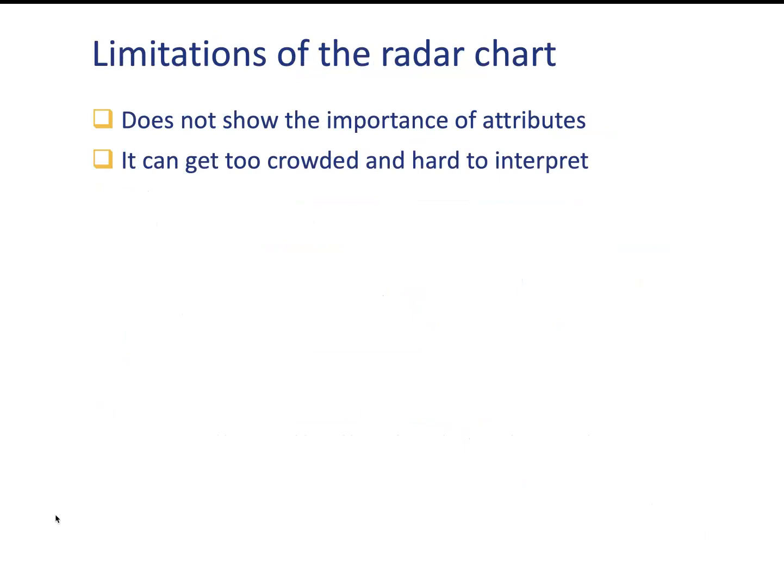There are a few limitations of the radar chart. It does not show the importance of the attributes, the same as the perceptual map. There are some ways around this, and you can use a slightly different radar chart, but perhaps we will discuss it in later videos. For now, for the purpose of simplicity, we're just going to use a standard or typical radar chart. The other limitation is that it can get too crowded and hard to interpret, in particular if you choose lots of different competitors and lots of different dimensions.